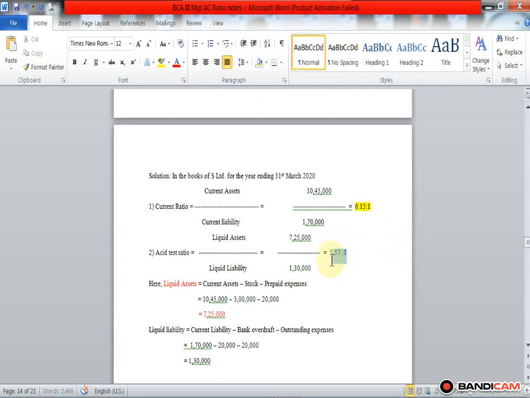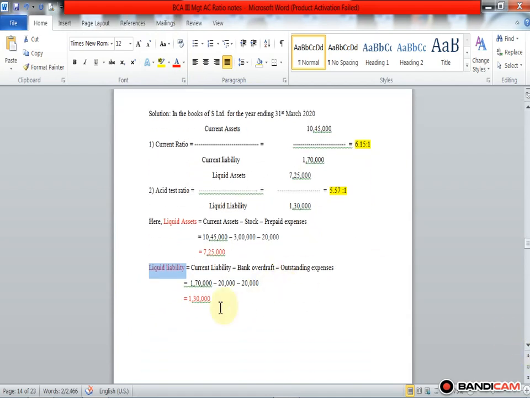So here we found the acid test ratio and it is 5.57. Finding the liquid liability and liquid assets is very easy, just remember this formula.